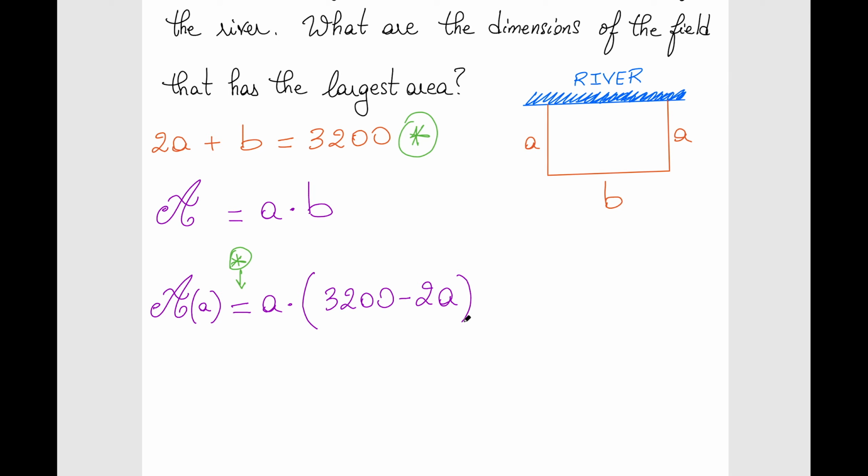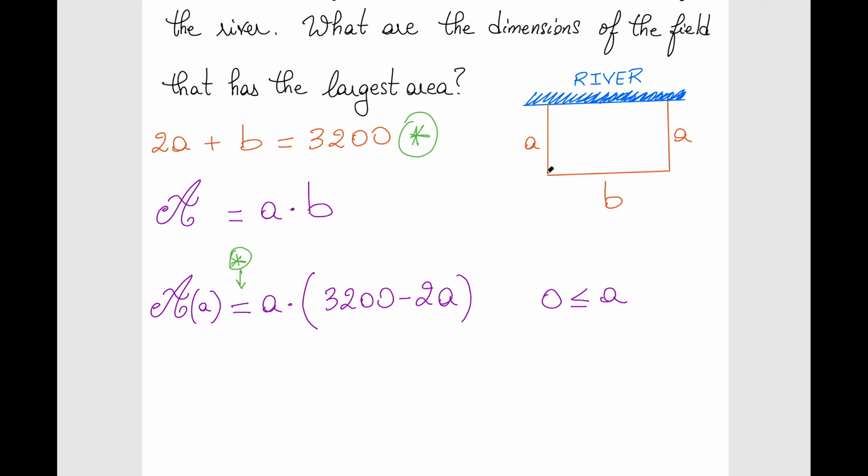Quick question here. What can you say about little a? What type of constraints should be placed on little a? Well, little a is certainly non-negative, right? Why? Because it's a measure.